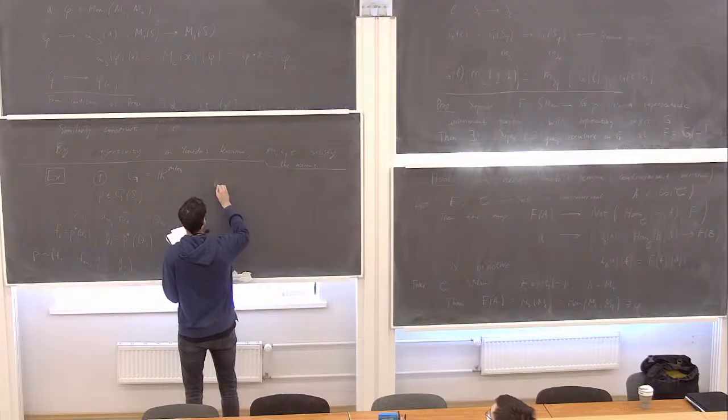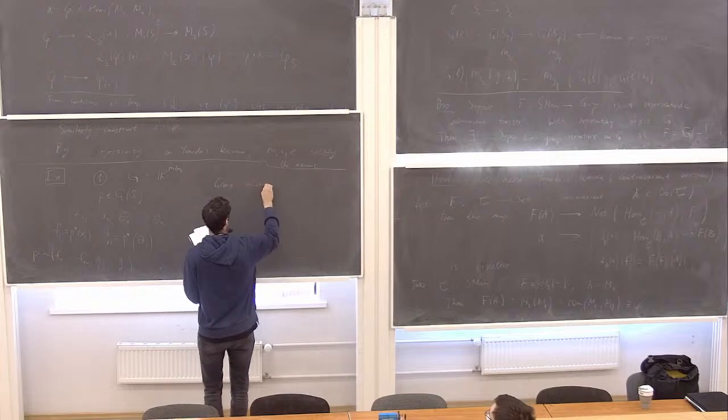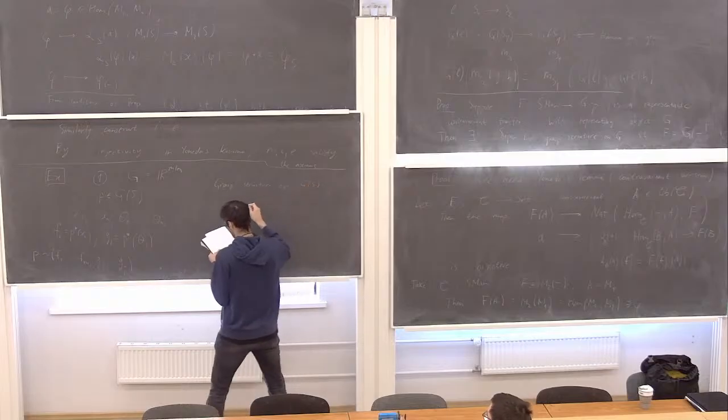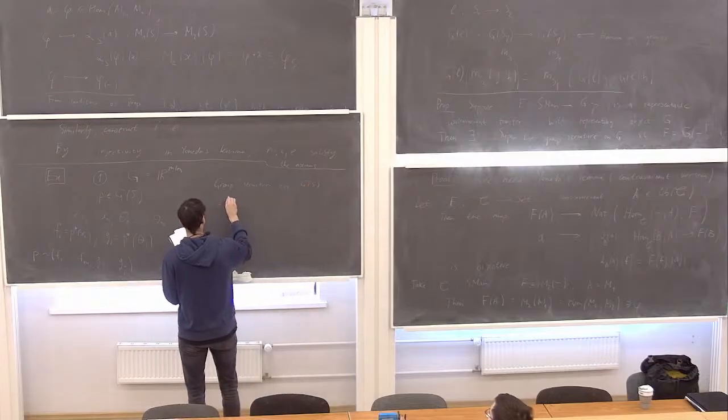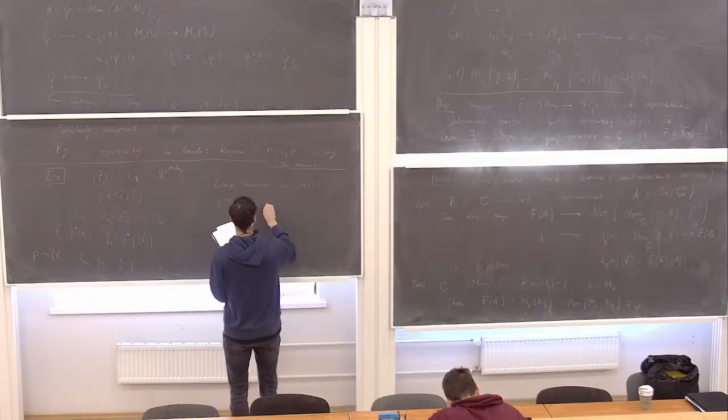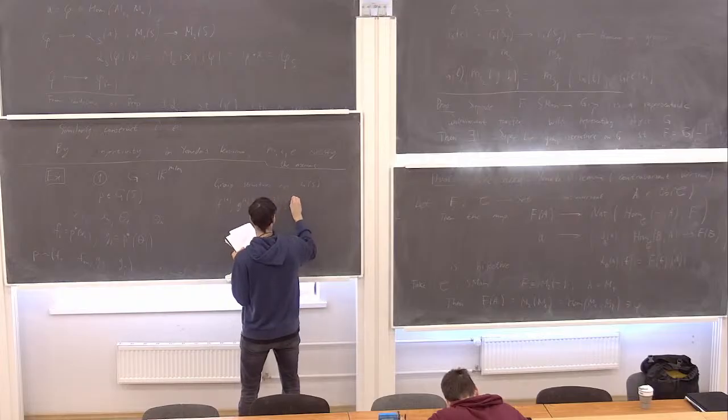So the group structure on G(S) is just (f1, g1) plus (f2, g2).